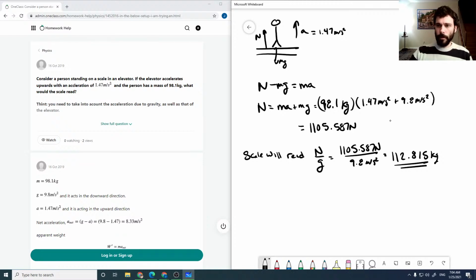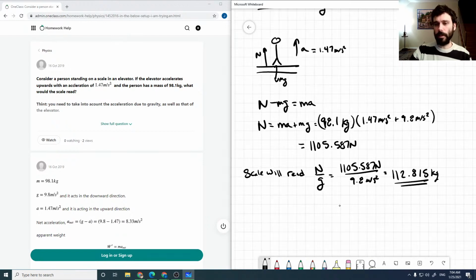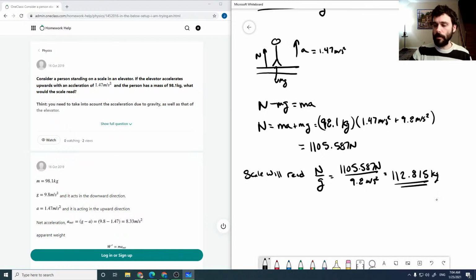And so just as a check here, right? When an elevator is accelerating upward, that's either at the beginning of an elevator journey upwards or when it's coming to a stop as it's traveling down. And so you'd always feel heavier when that happens. And so a scale would read heavier.